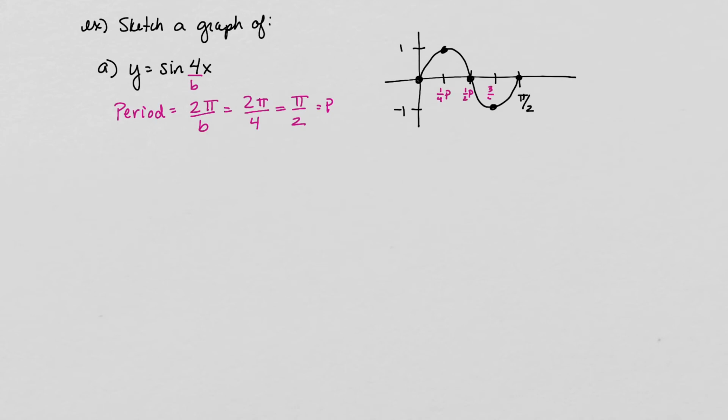This is always going to be 3/4 of p. And then this here would be p. So this point on the axis is going to be 1/4 of pi over 2, or pi over 8. This here is going to be 1/2 of pi over 2, or pi over 4. And here we're going to be at 3/4 of pi over 2, or 3 pi over 8.